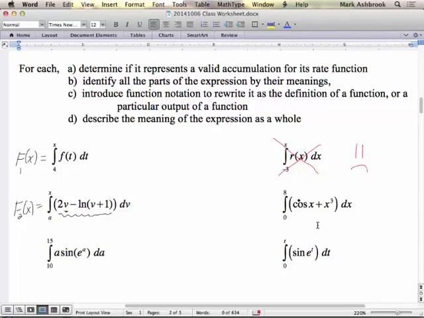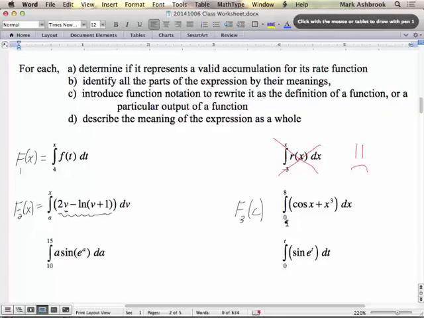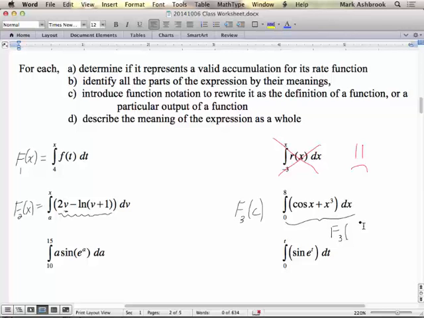Yes. So we want it in terms of something else. If it's F3, we'll do F3 of C. This thing is expressing F3 of what? 8.